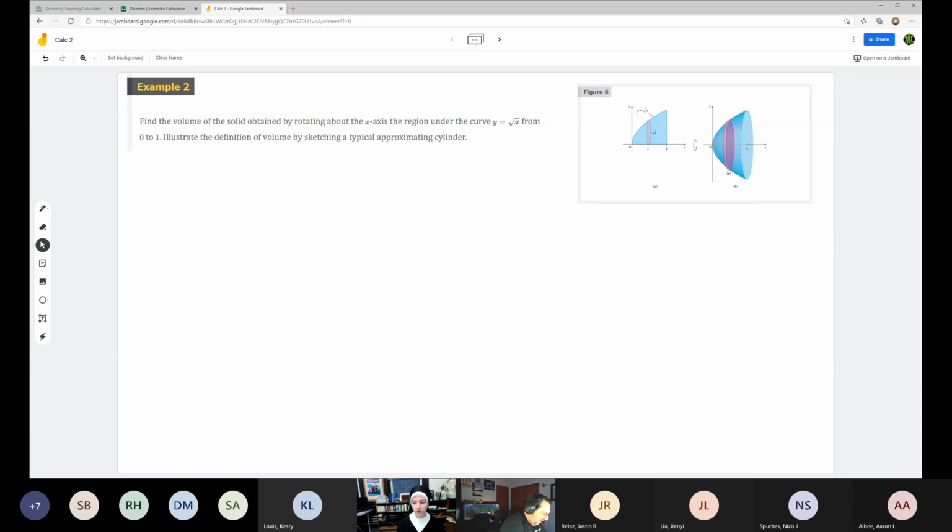All right, so we're looking at y equals the square root of x as my function. And we're going to rotate it around the x-axis. So when we're doing this, the first thing we have to come up with is what my area is.